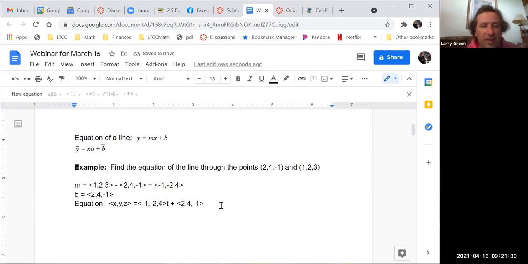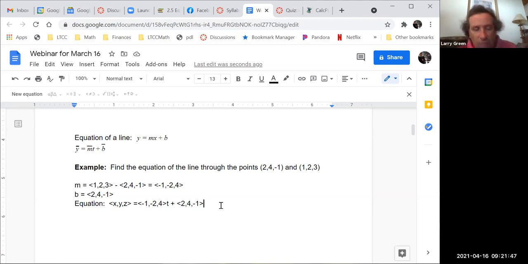Any questions on that so far? Okay, so that's what's called the vector form of the equation. Sometimes we call this a vector valued function. You get that next quarter, by the way.